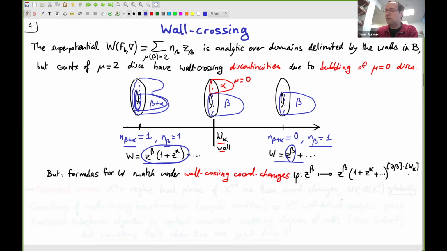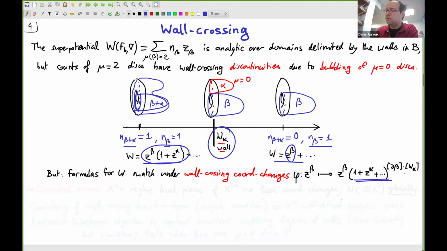So in general, if you have a wall of disks in the class α, you expect to have what is sometimes called the wall crossing function, or the slab function by Gross and Siebert, which is going to be some power series in Z^α. This power series tells you how many disks in the class α and in the class 2α, 3α, and so on, from multiple cover contributions or unions of disks, you expect to see as you cross this wall.